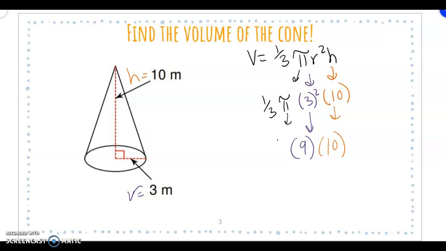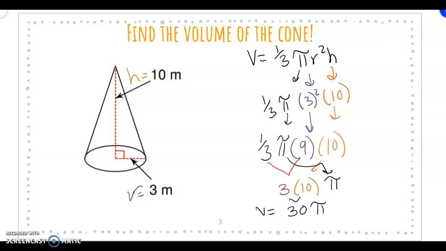I'm actually going to combine my 1/3 and 9 again, since I did it for the last one. And I know that 9 divided by 3 is going to give me 3. And I have 10, and then I have pi. So if it said leave in terms of pi, you would just leave it as 30 pi. But in this case, I want to know what 30 times 3.14 is going to be.